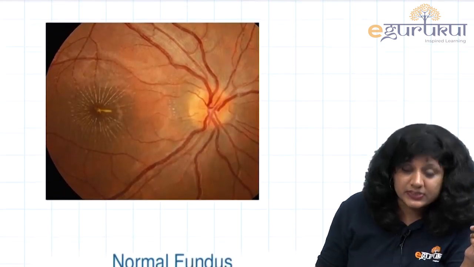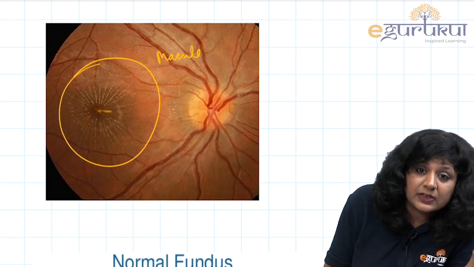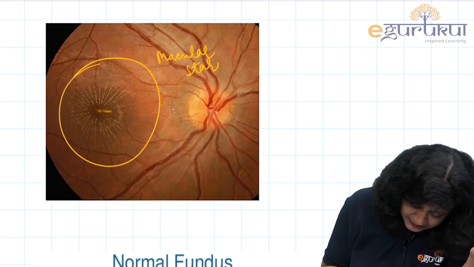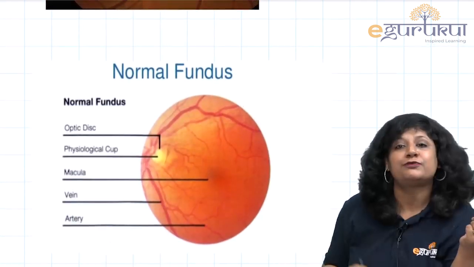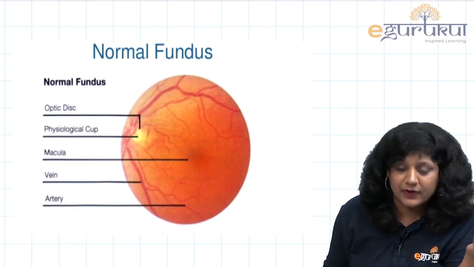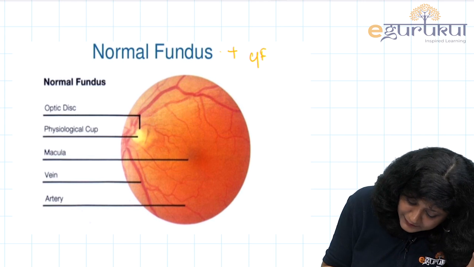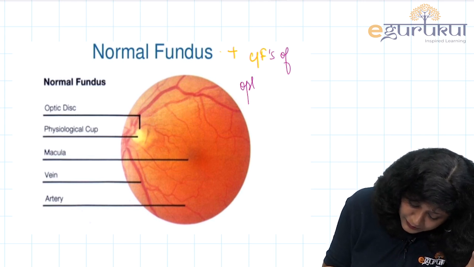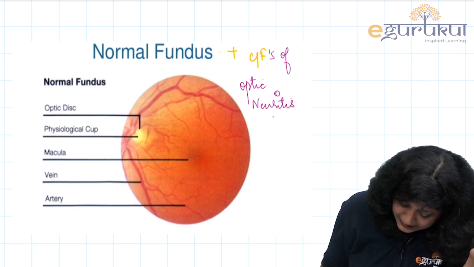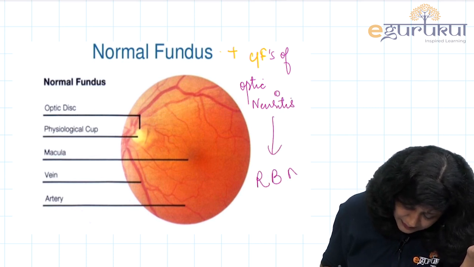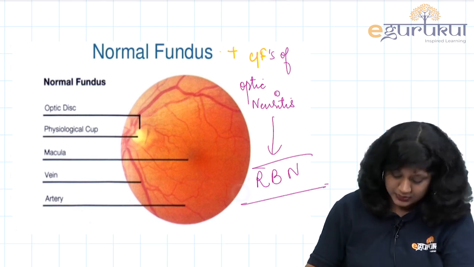Then this one is again typically showing the macular star. So, I can say therefore this is a case of neuroretinitis. While if I get the same set of findings and I get a normal fundus, along with the typical features of optic neuritis, that means I have to think about retrobulbar neuritis. So, this is the way of approaching the questions on optic neuritis.